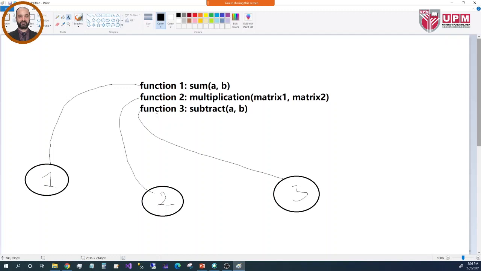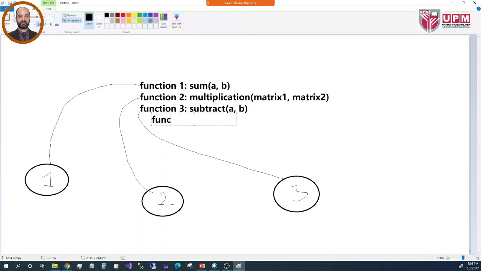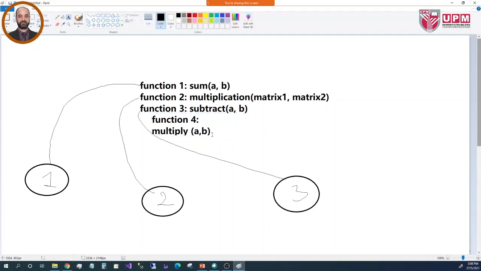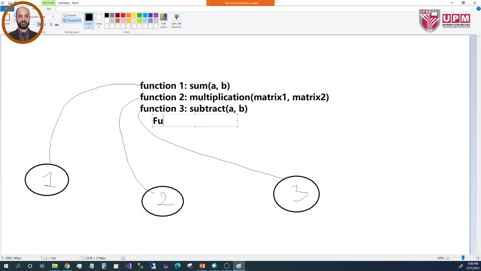Then what we need is function 4, a function for multiplication that could multiply A and B, for example.